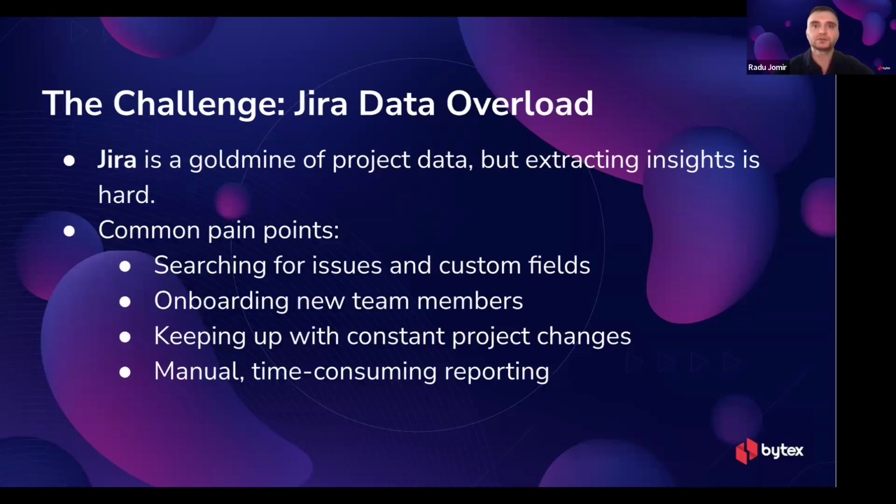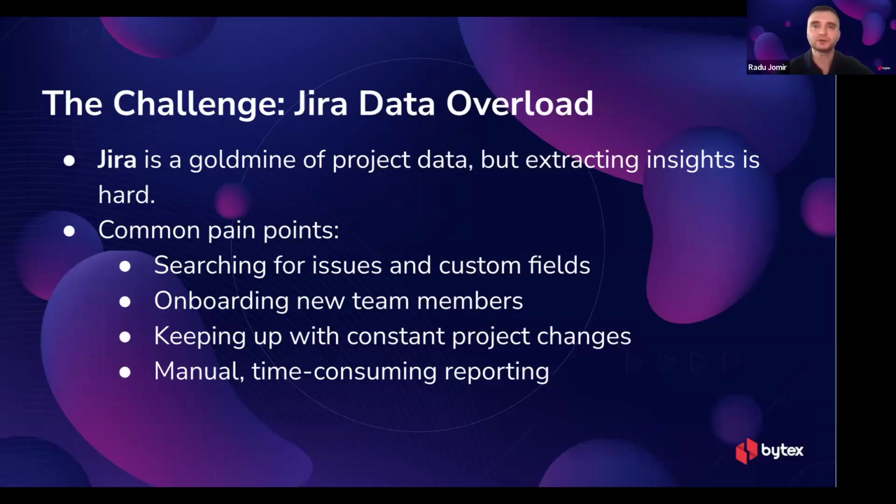The challenge. So let's start with the problem. Jira is fantastic for project management. It's a gold mine of data about issues, custom fields, priorities, and project status. But here's the thing. Extracting insights from all the data is really hard. So think about it.